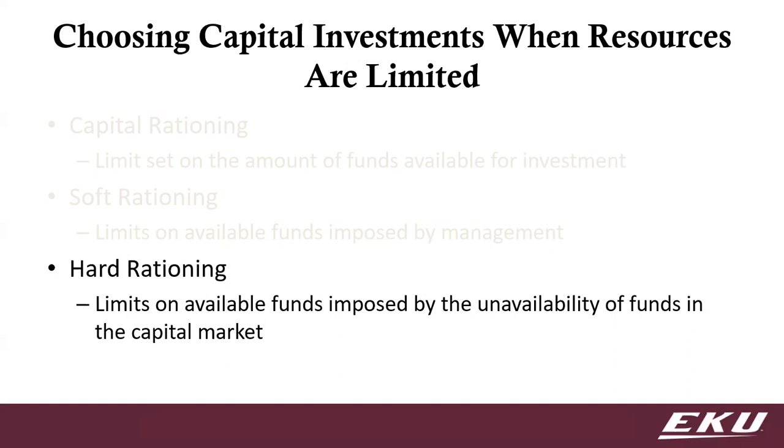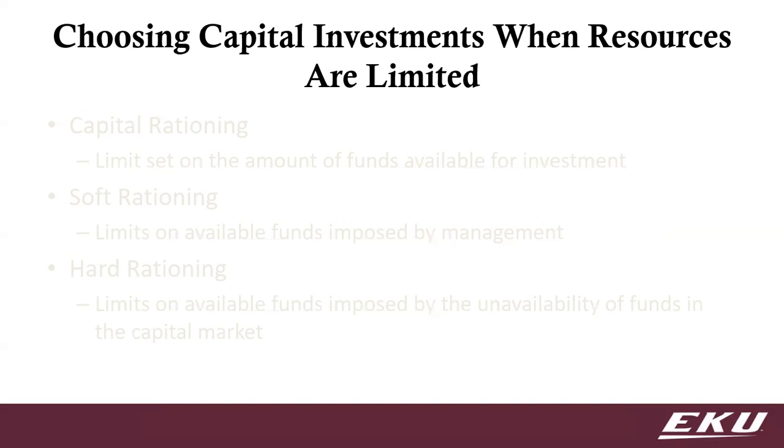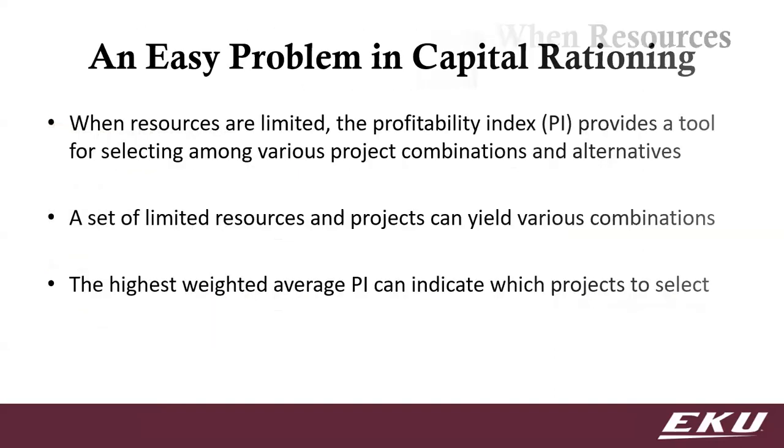Where hard rationing would be like, look, we just can't borrow the money to do this. So there is no squeezing blood from a turnip or blood from a stone, or those sayings. I just cannot get additional capital. Where soft rationing was the firm itself saying, we're just not going to allow you to spend that much.